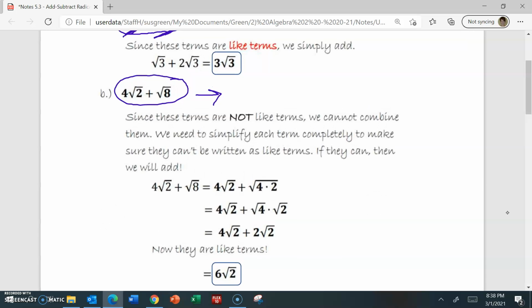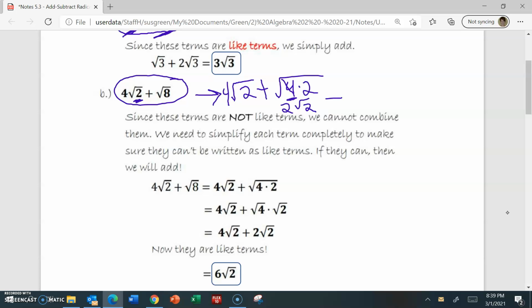Because 2 is underneath, there's no perfect square that goes into 2, so 4 radical 2 can be left alone. But we know that can be written as the product of 4 times 2, because 4 is a perfect square. So the square root of 4 is 2, and then we're left with radical 2.